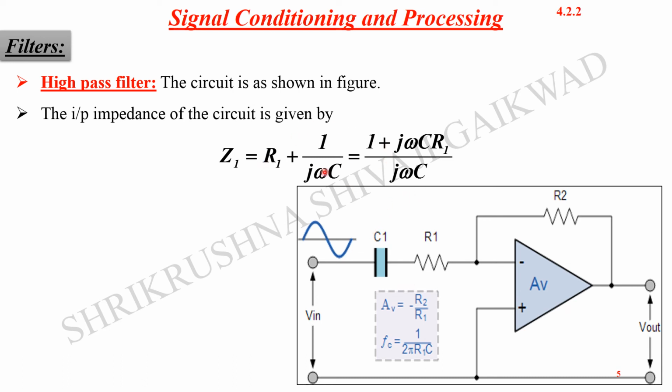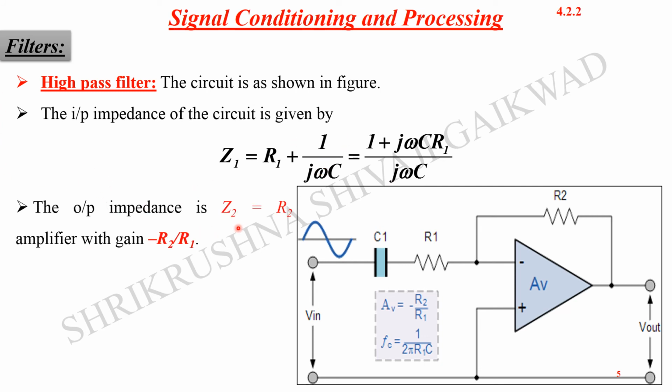If we rearrange the terms, we get 1 plus j omega C R1 upon j omega C, where j is as usual our complex number. The output impedance is given by Z2 is equal to R2, because there is no capacitance, so the output impedance is just the feedback resistance.